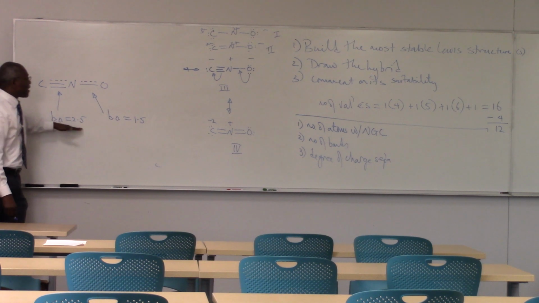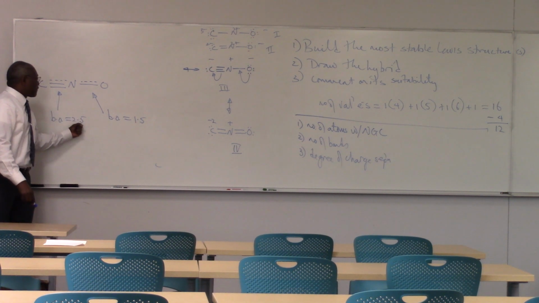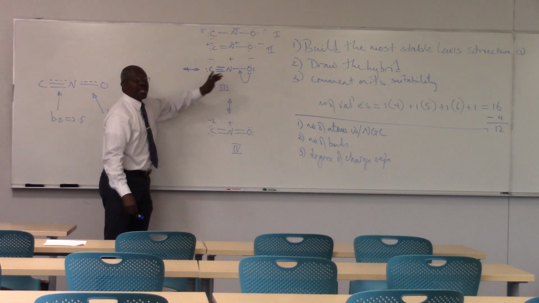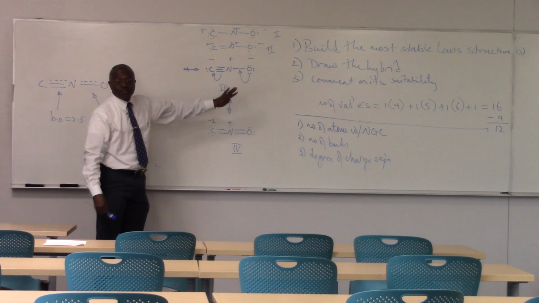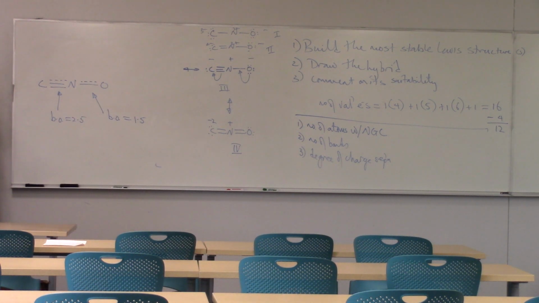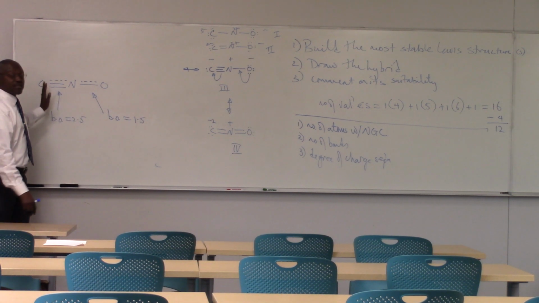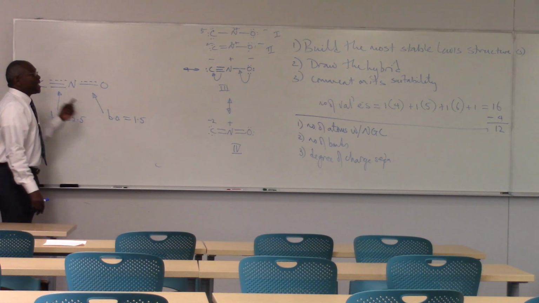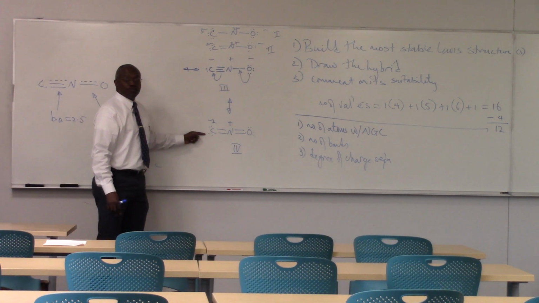Again, if I sum the bond orders, 2.5 and 1.5 is 4, that should equal the number of bonds in any one of the major forms. So I'm double checking myself. There's an internal consistency. I also want to get the formal charges on the atoms. What is the charge on the carbon? It is the average of these two.